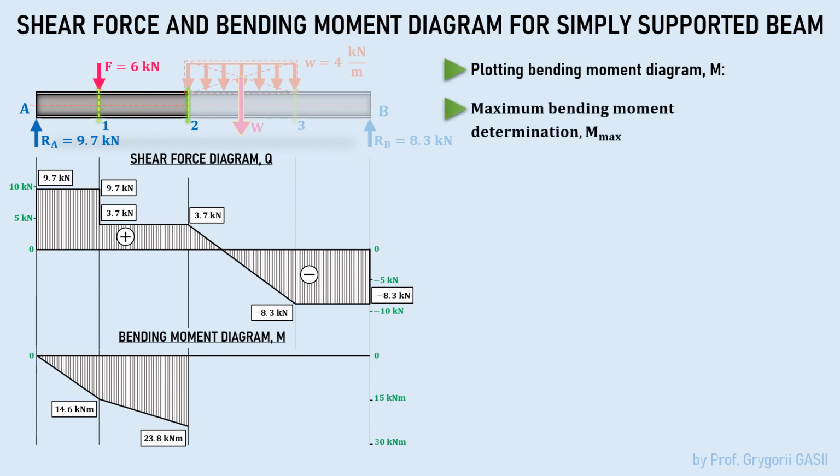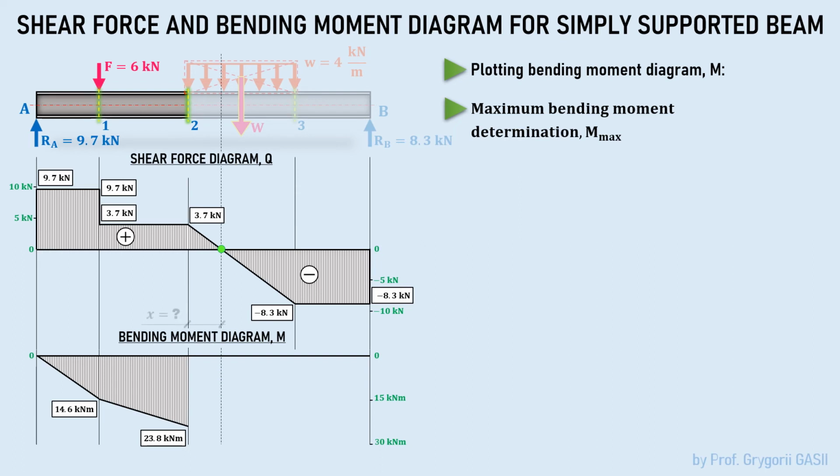Thus, it's not enough to determine the value of the bending moment at points 2 and 3. It's also necessary to determine the value of the bending moment at the point where the shear force is 0. It should also be noted that the diagram of the bending moment from a uniformly distributed load is curved. In particular, it's a square parabola.